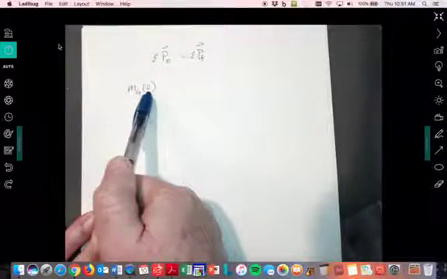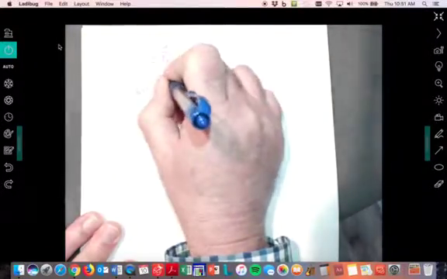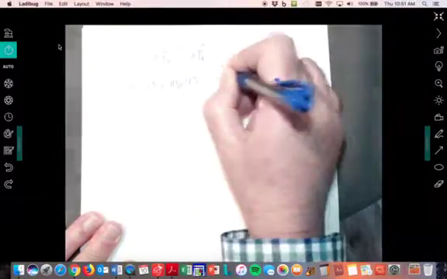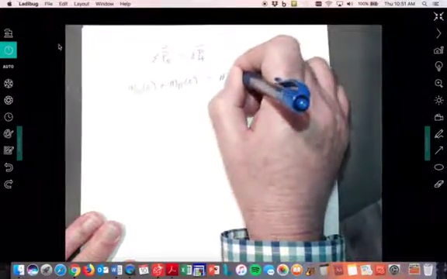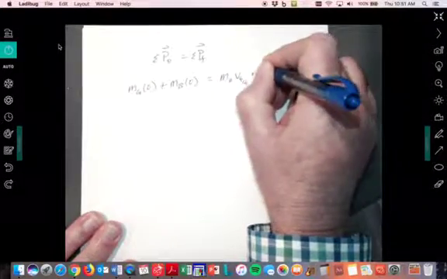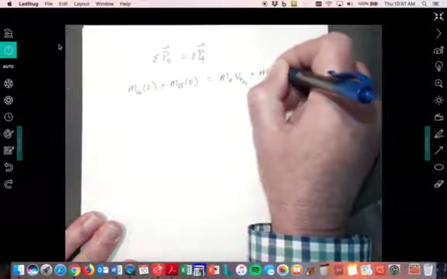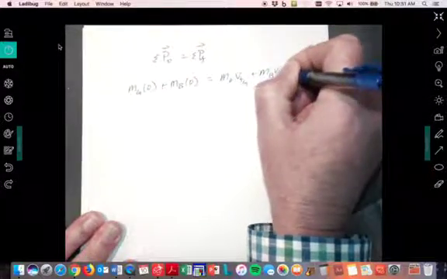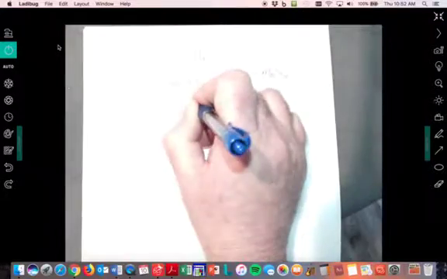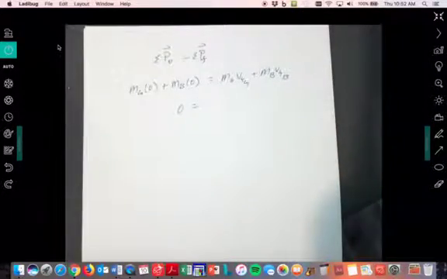So 0 plus the mass of the boy times 0. This is all that's happening before, equal to the mass of the girl afterwards times her final velocity, plus the mass of the boy afterwards and the final velocity of the boy. And we've got 0 before, so these two should add up to 0.